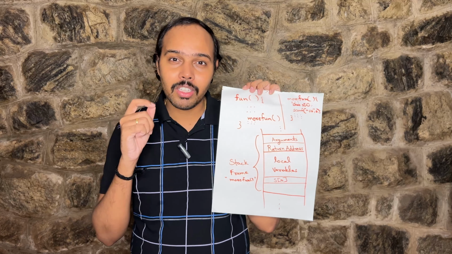When the function more fun hits the return, what will happen? It will check the return address, go to that address and start executing from there. When it starts executing from his own string, what is his string?